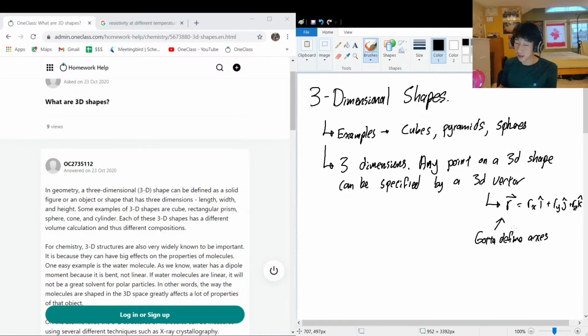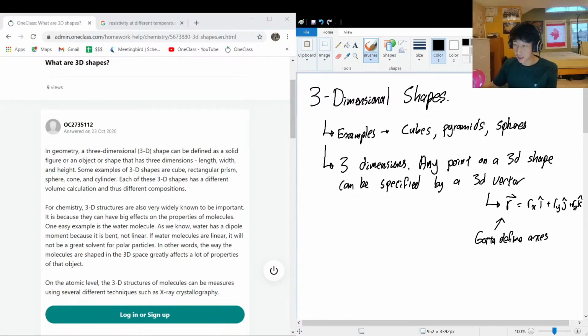Also, you don't necessarily need to have rectangular axes like these. Of course, you could use polar, you could use cylindrical coordinates, whatever you please. It simply depends on the circumstance you're analyzing with these 3D shapes that you choose what type of vector system you're going to use to specify the different points on it.